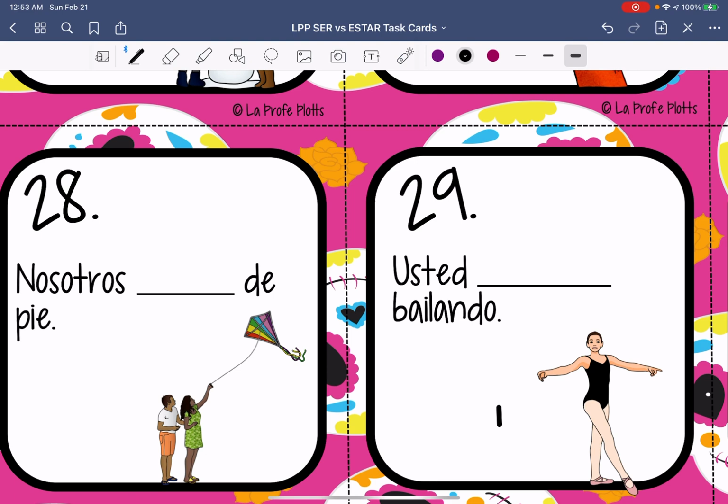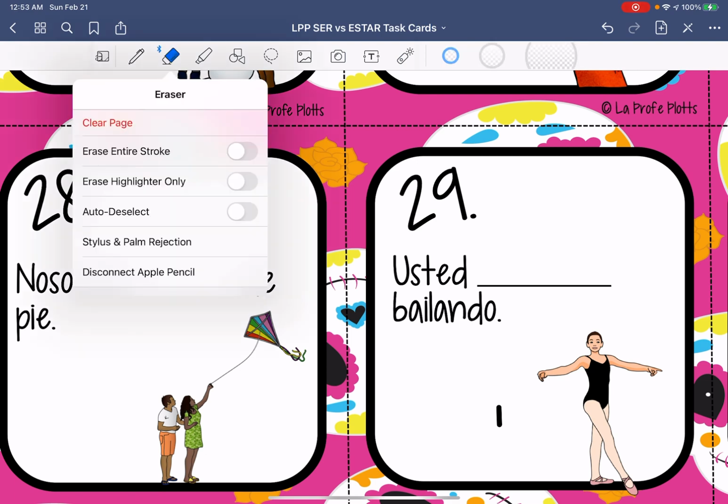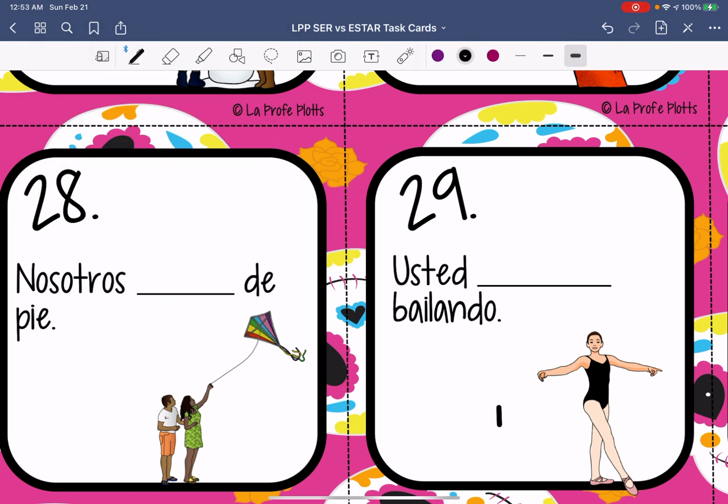I want you to look at the image of these two people. Are they both sitting? No, they're not. What are they doing? What's the opposite of sitting? That's what de pie means, the opposite of sitting.